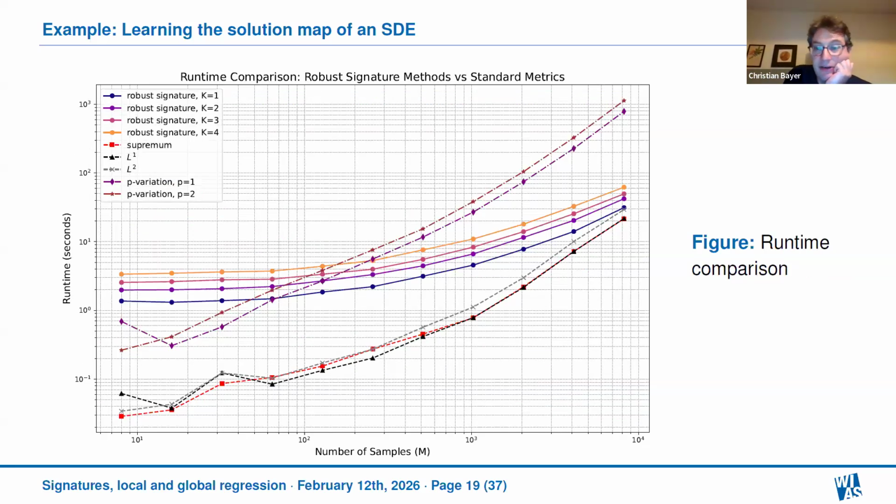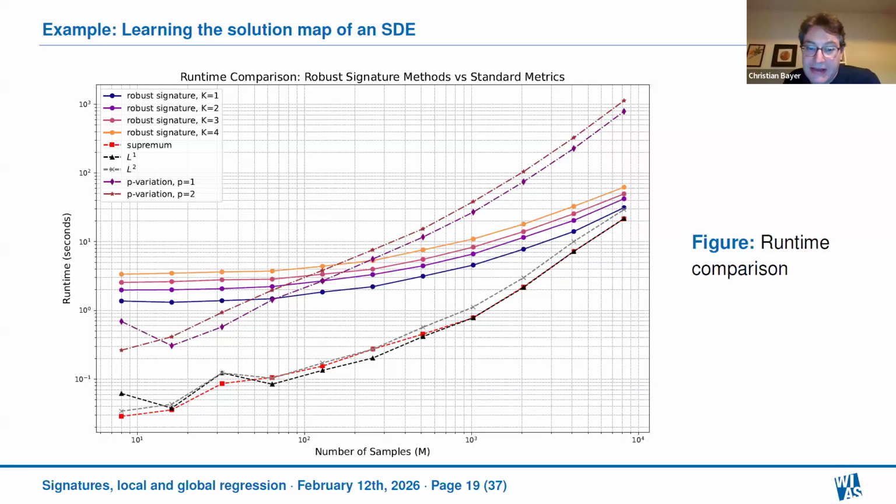And here is a runtime comparison, where we see that the p-variation distance is very unfavorable regarding runtime.